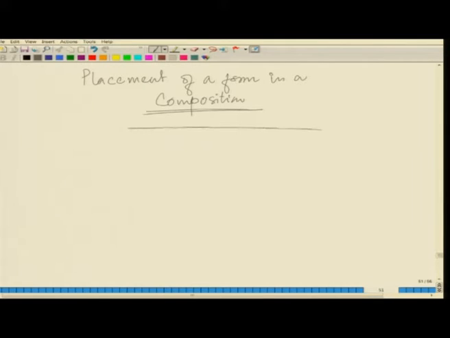So, if this is the given space and we place our form somewhere here without leaving much of a space on top, the form may not look stable.